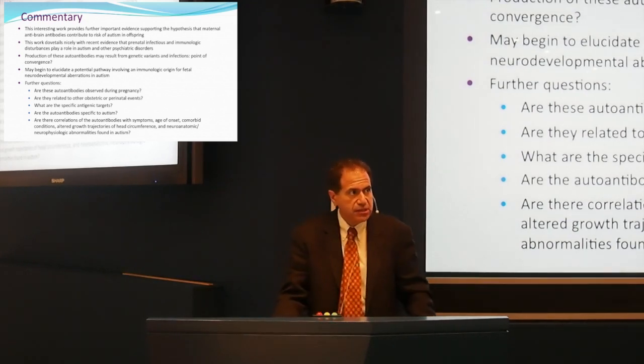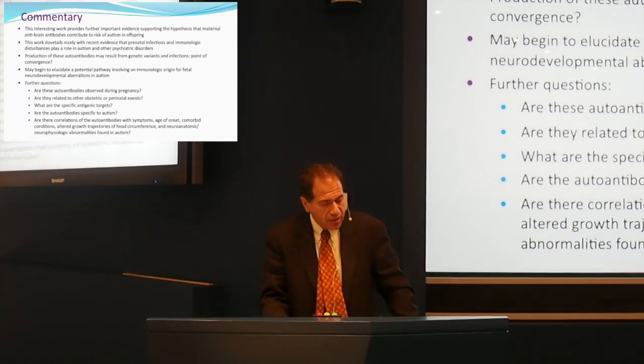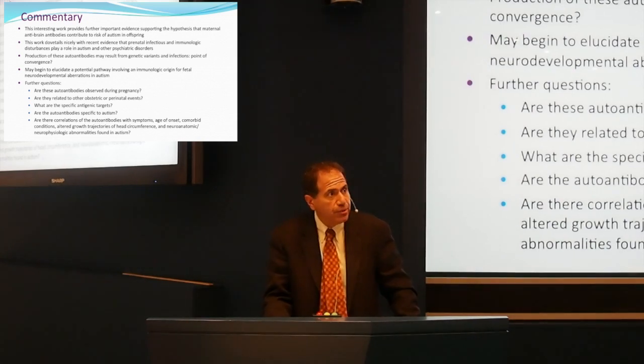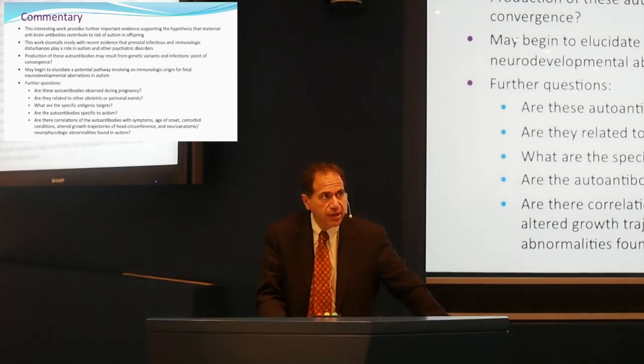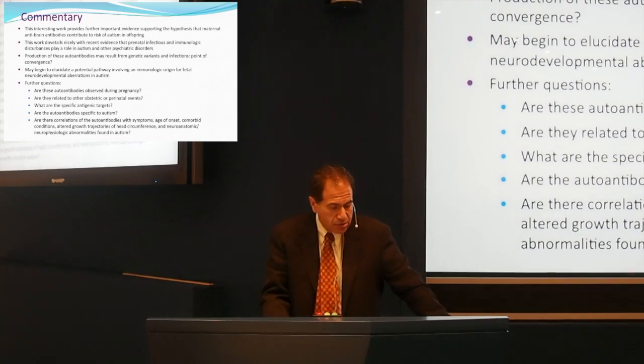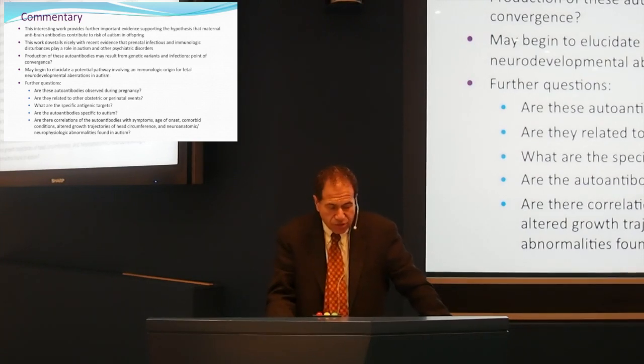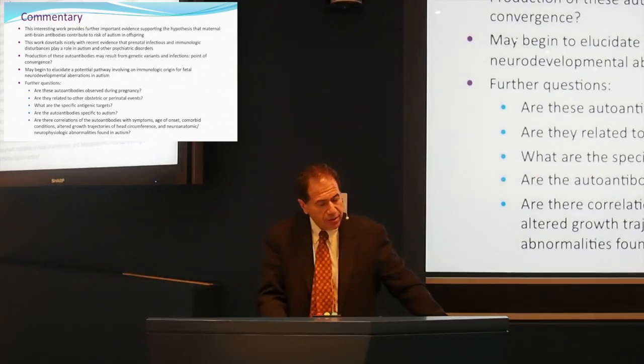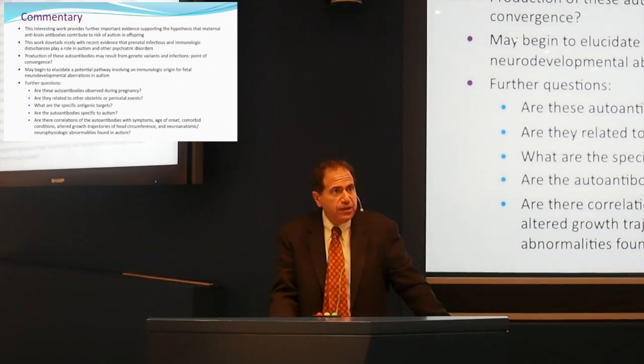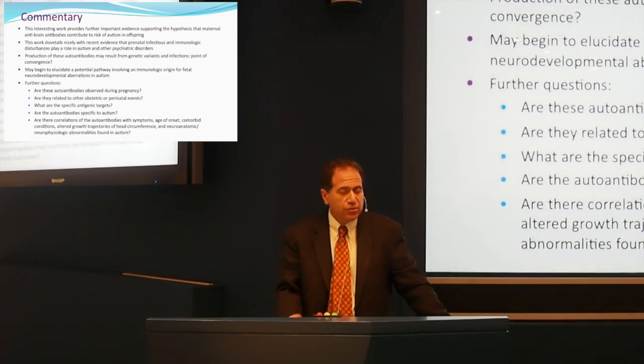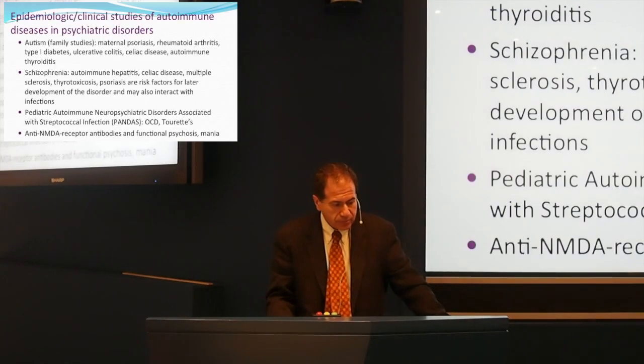The data suggests abnormalities in cognition and other outcomes. It's also notable that lupus is a known cause of psychosis, at least in adults. And then finally, as a clinician, my question is, are there correlations of the autoantibodies with clinical features of autism, as well as neurobiological and neurophysiological features?